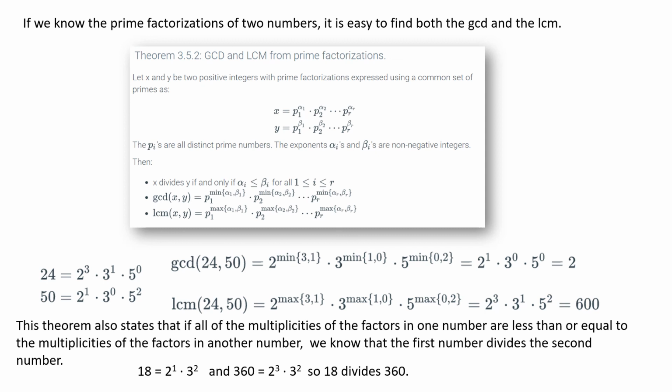But if I had 18, which I could write as 2 to the 1 times 3 squared, and 360, which I could write as 2 to the 3rd times 3 squared, in that case, if the alphas are the exponents for 18 and the betas are the exponents for 360, yes, the alphas are less than or equal to the betas in all cases, so we could say that 18 divides 360.